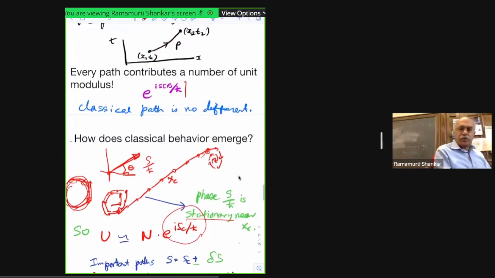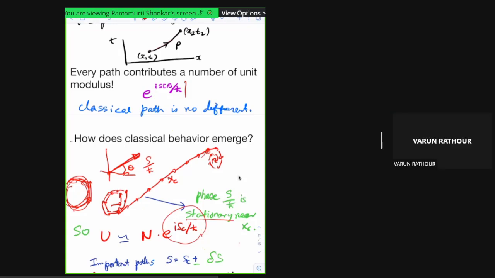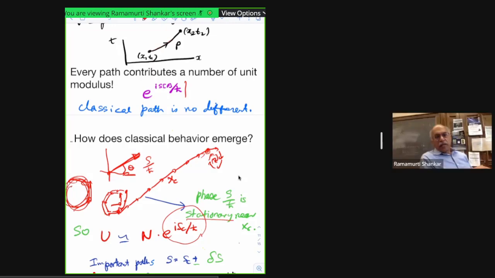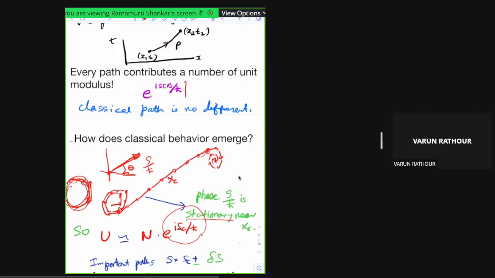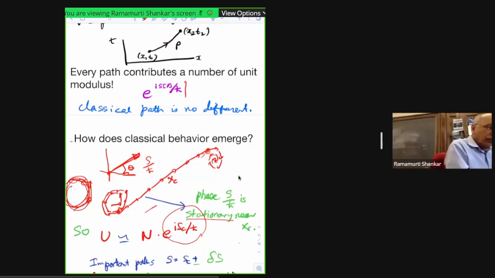So here's the picture you have. There are a lot of paths contributing, and only paths with action within h bar of the classical action will survive. For all the others, the phase is changing very rapidly, and they all add up to zero. So these trajectories I'm showing here, they all contribute, but they differ from the classical path by an amount of h bar.